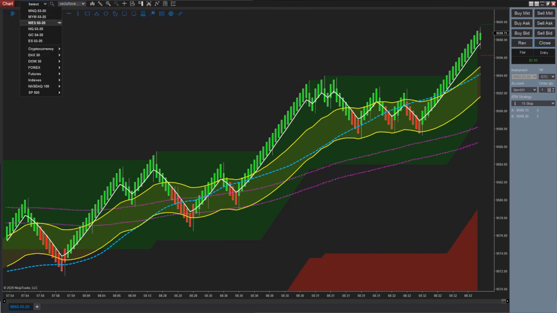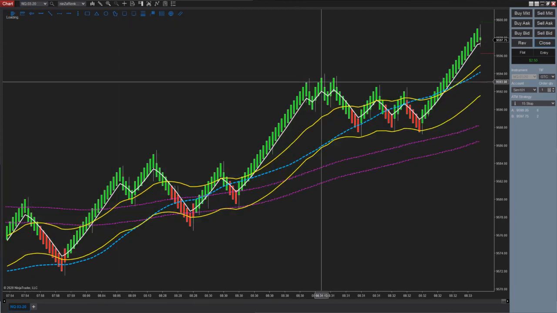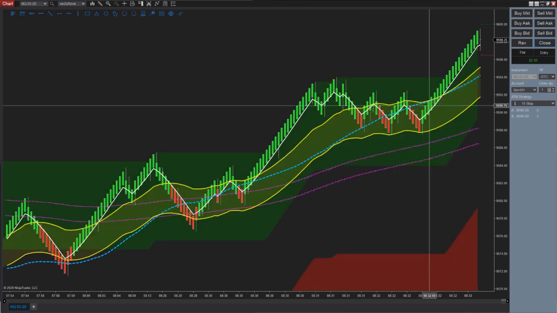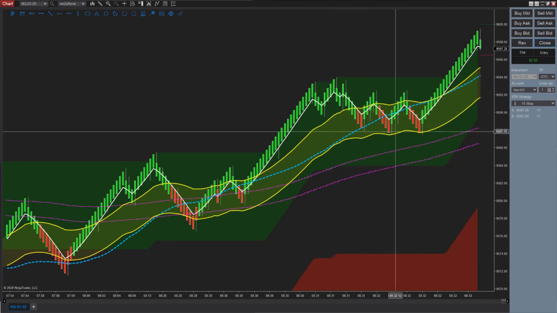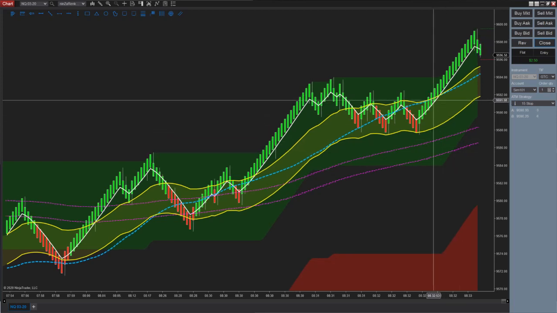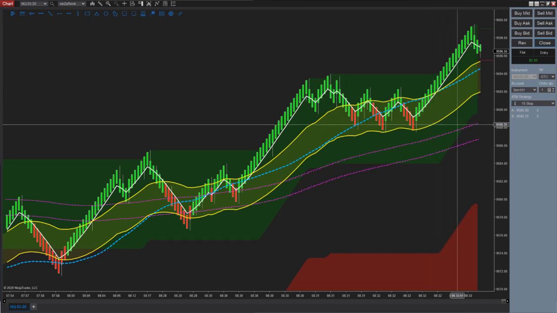Oops, I better change to NQ. For some reason MNQ was there, but it's the same stuff, same chart. I didn't like what was happening over here, but it formed a nice base. That's why I went out here. Let's close the trade, which is fine.